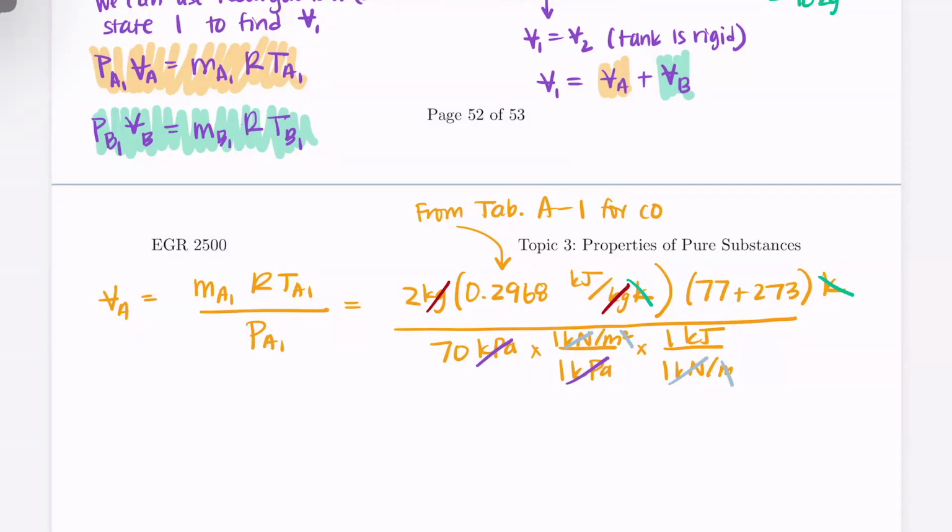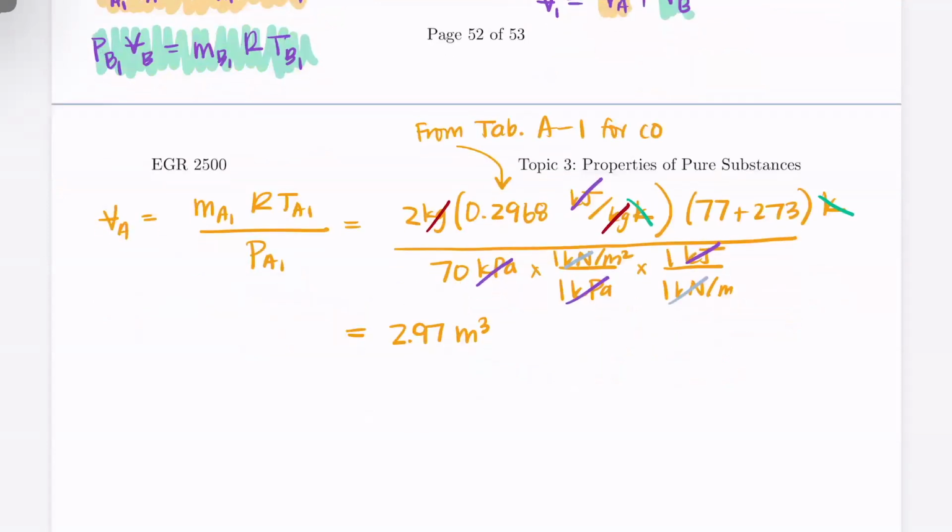Oh, I'm sorry. No, they don't. They multiply. And then kilojoules cancel. So we end up with cubic meters at the end of this. All right, so when we carry out all that multiplication, what we get is 2.97 cubic meters.